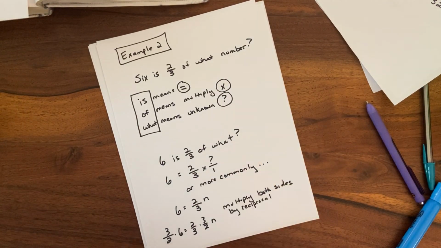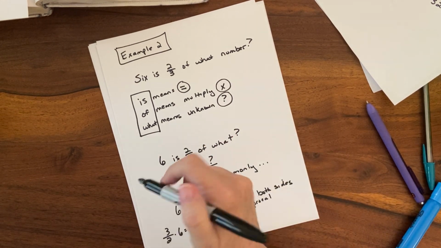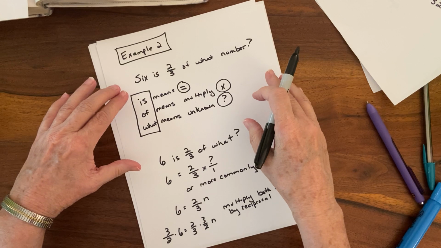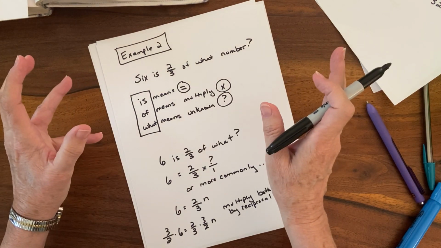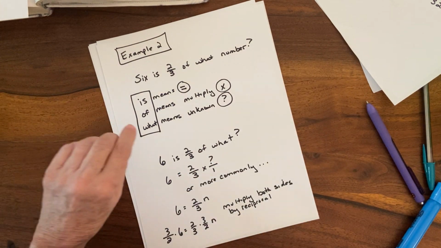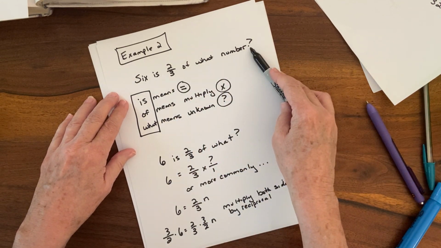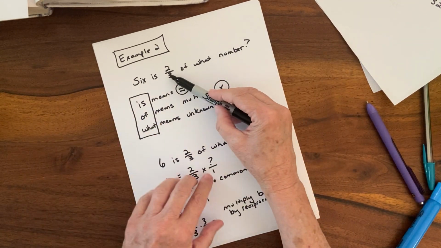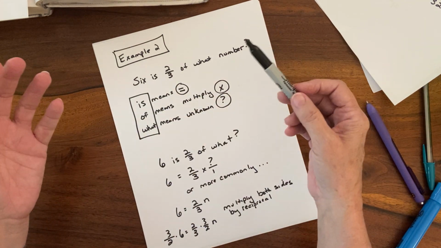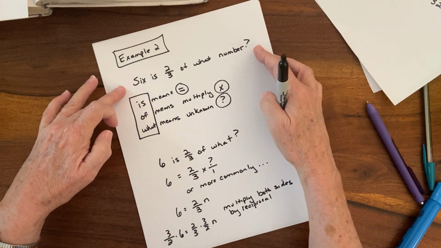Okay, let's look at example 2. I'm going to give you a slightly different way to do this, and then we'll go back and do this the same way. This is easier to me, but it's a little bit more advanced. It's algebraic. So 6 is 2/3 of what number? I could do the same thing. I could look at 3, break it into 3 groups, but I'm going to make this into a math sentence.